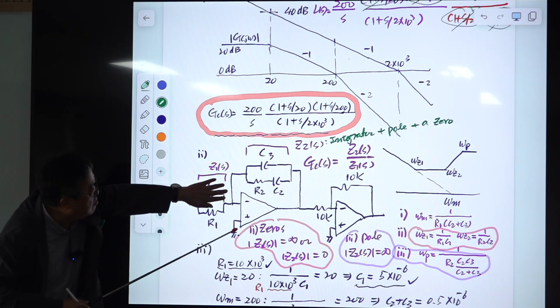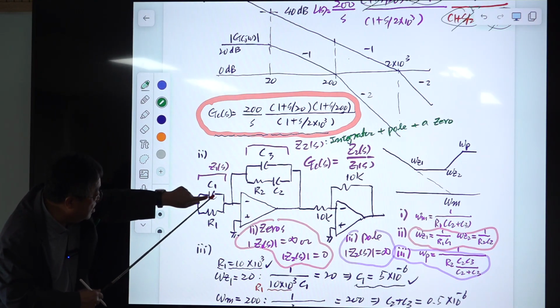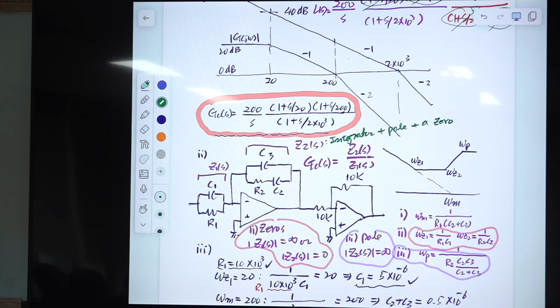And without this, one zero is missing. So you place this here, one zero is created. Okay? So this generates an integrator plus one zero.